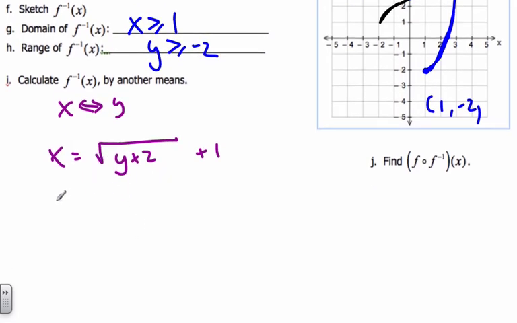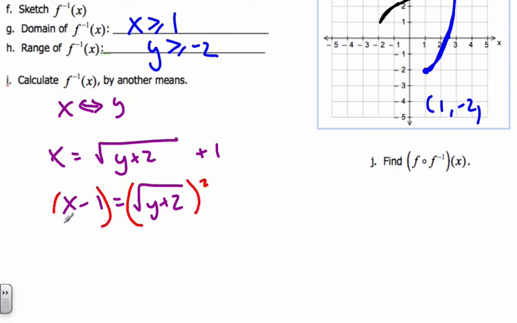I do that by subtracting 1 from both sides. And then I raise it to the power of 2 to get rid of my square root sign. Those cancel. And so y plus 2 is equal to x minus 1 squared. I subtract my 2.